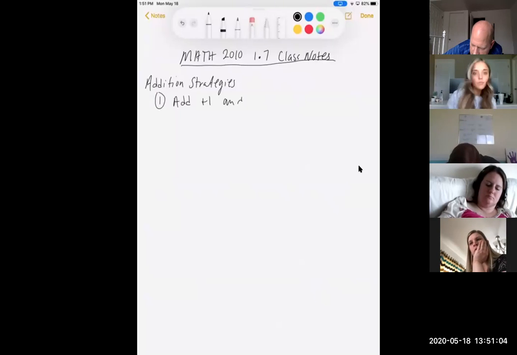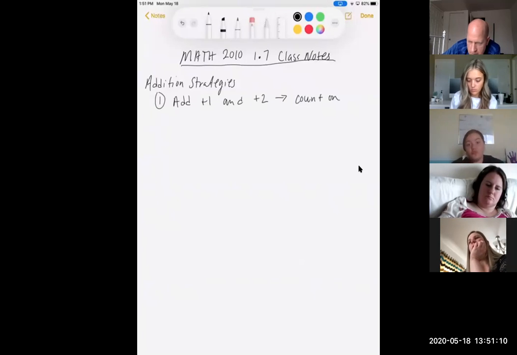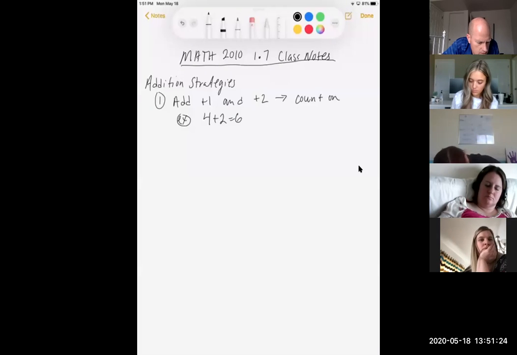So any fact that adds plus 1 and plus 2, we just want to count on. Counting on means that I start at the number and start counting forward in the numeric sequence, 1 or 2 more places. So for example, 4 plus 2 is 6. You want to start at 4 and count then 5, 6.